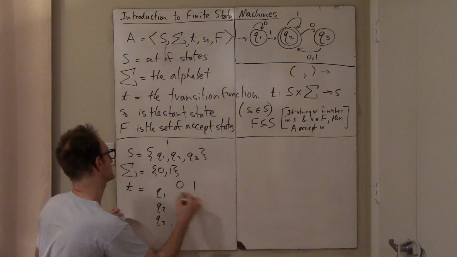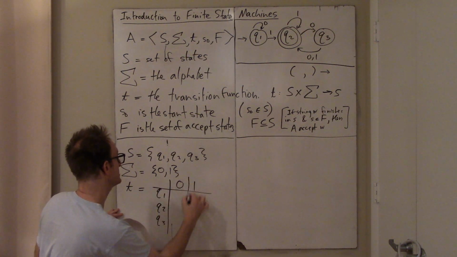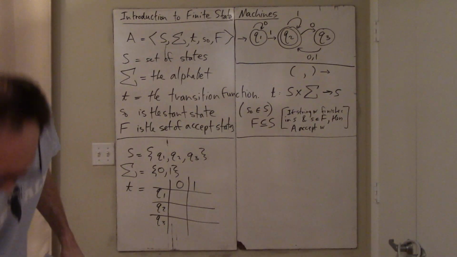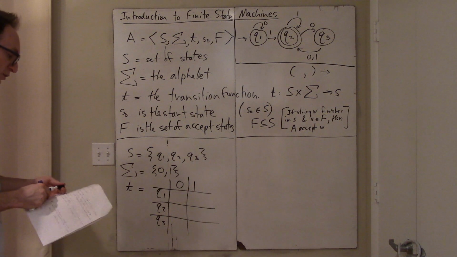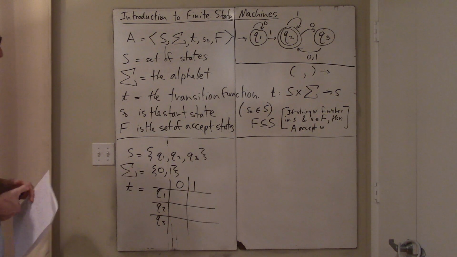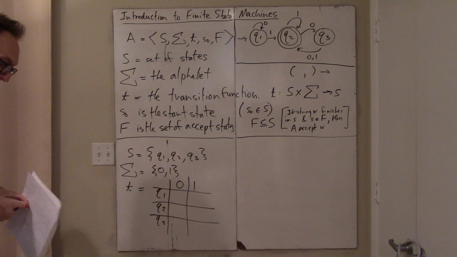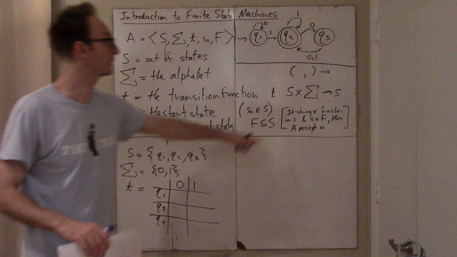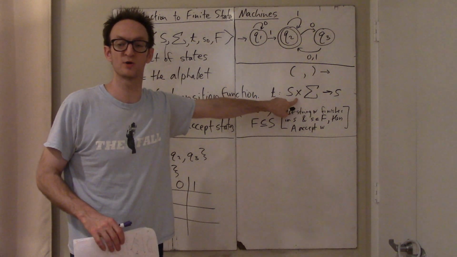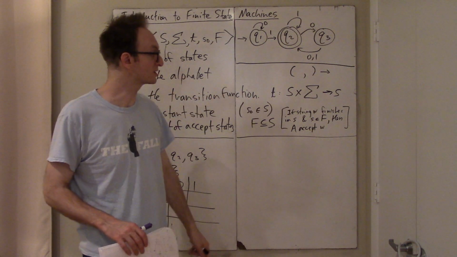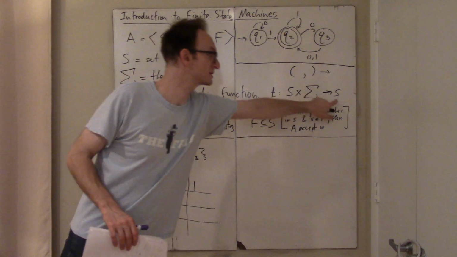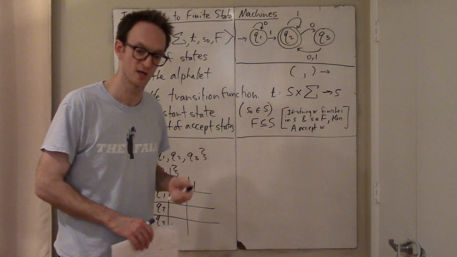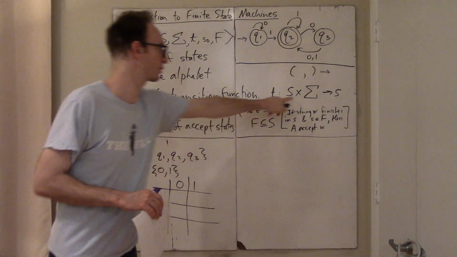Humans like the picture, but computers, if you're going to code this, would prefer this information contained in some kind of matrix. And people who don't care about anything will just tell it like it is, which is that it's a function. It's a function which takes an ordered pair and outputs some state. So what is this function? It's a set of ordered triples, or an ordered pair of an ordered pair and a state, however we look at it.